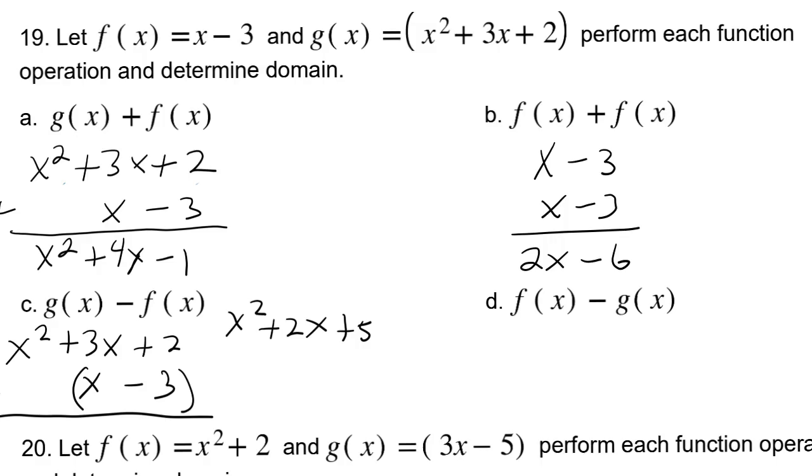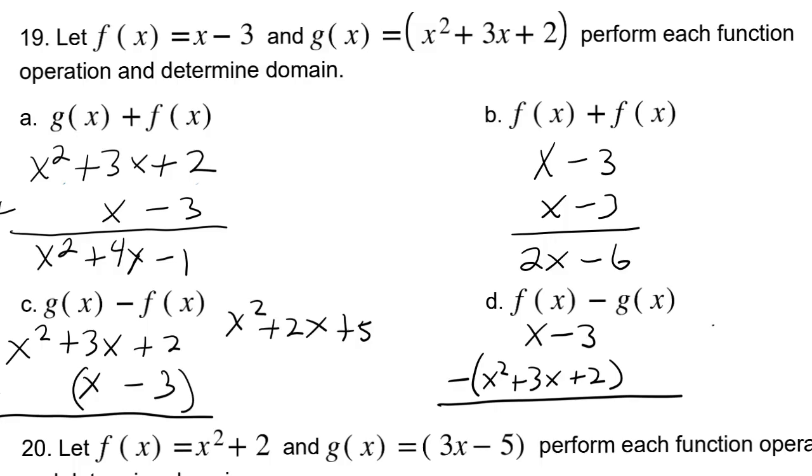The last one, you have x minus 3 minus, now you're subtracting, x squared plus 3x plus 2. So you see that has to be a negative. It's on the outside. You have to distribute the negative.